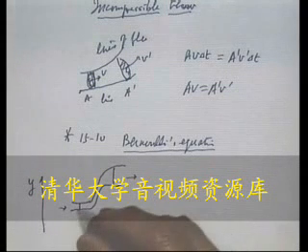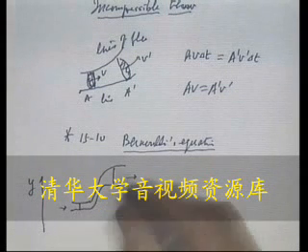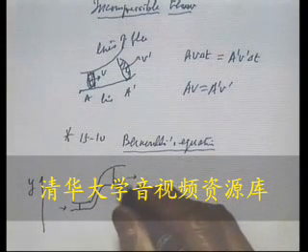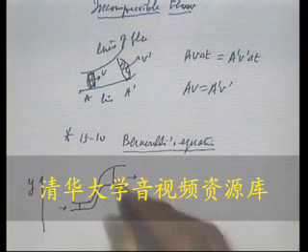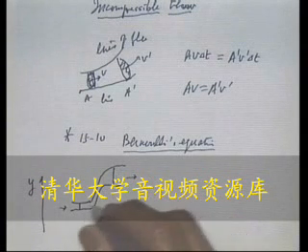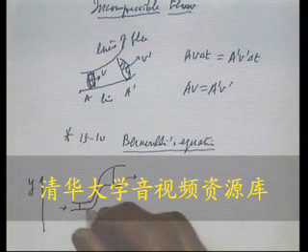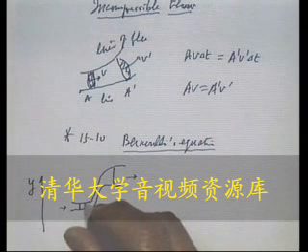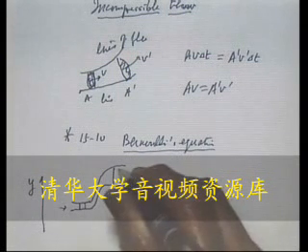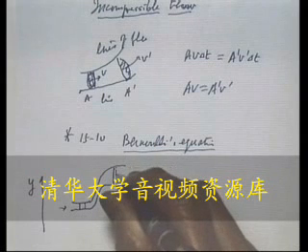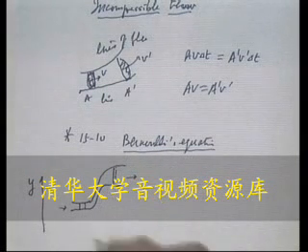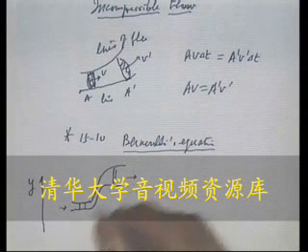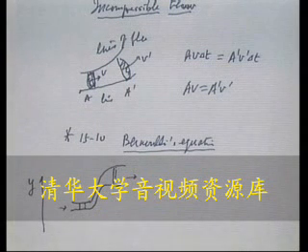And we already know that the area here is smaller, the area here is larger. So therefore the velocity here is larger than the velocity here. So let us say after a delta t, this plane goes to here. So it goes from the solid line to the dotted line.